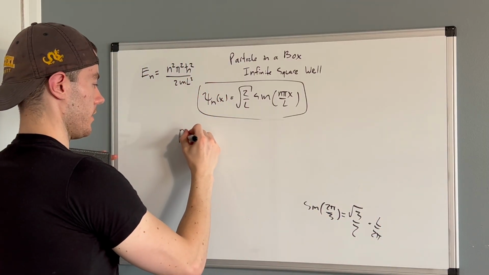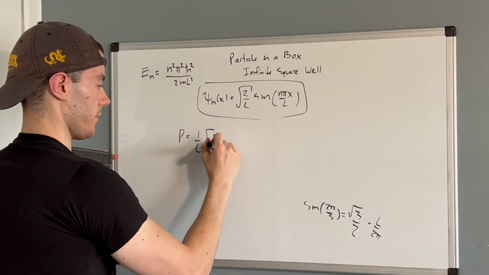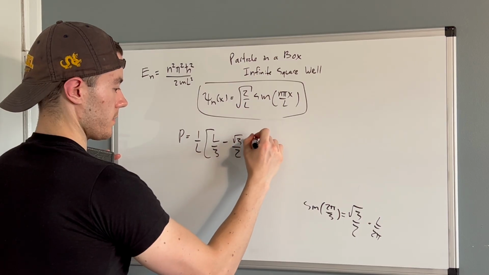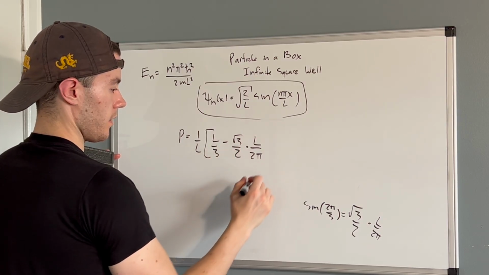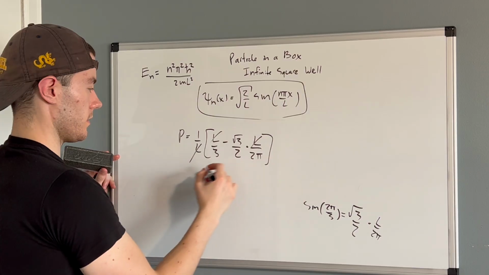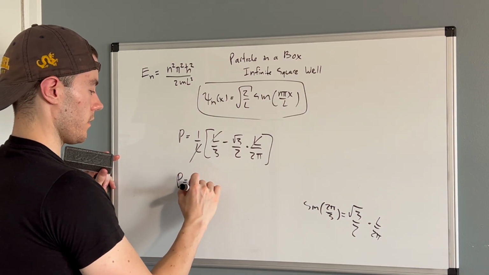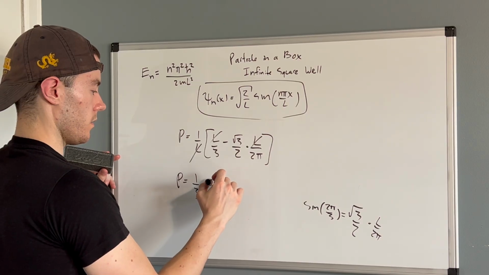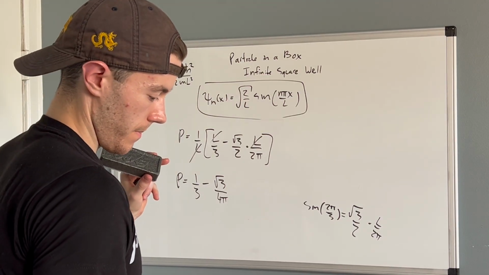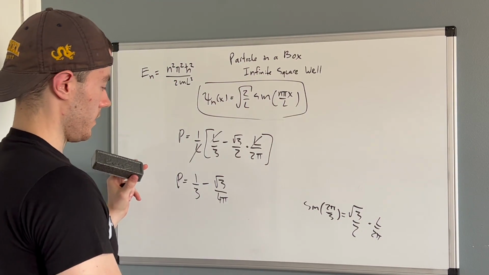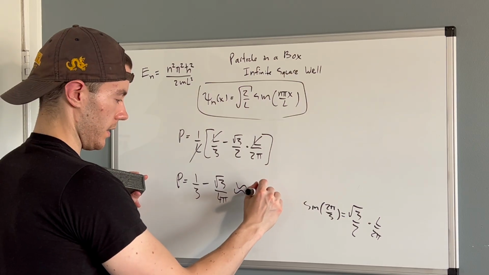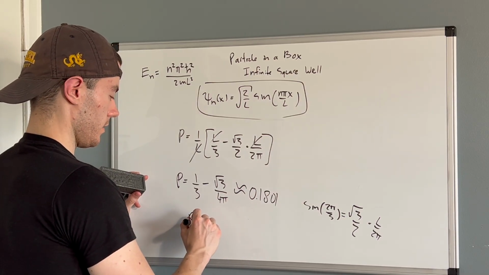So the probability is equal to 1 over L times L over 3 minus root 3 over 2 times L over 2 pi. This L will cancel with this, and this probability is equal to 1/3 minus root 3 over 4 pi. And if you plug this in your calculator, it's approximately equal to 0.1801.